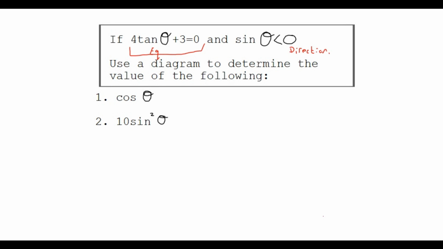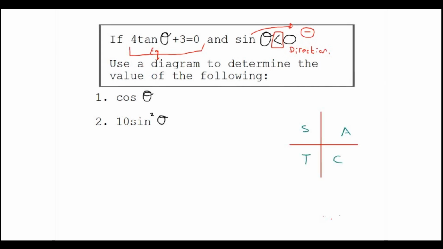And so they have said just sine of theta is less than 0. This less than is very important. What is anything less than 0? It is negative. So they are saying that sine has to be negative. What does that mean? Well, if we consider our CAST diagram that has magically appeared, and we have to consider where sine is negative, it would be quadrants 3 and 4.